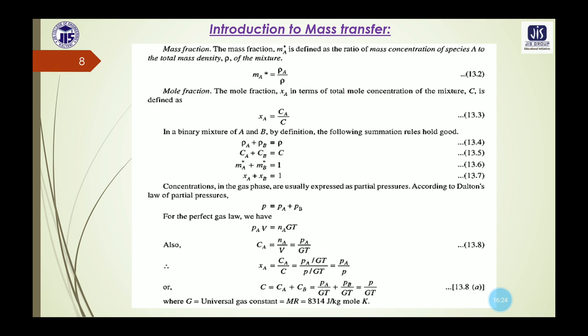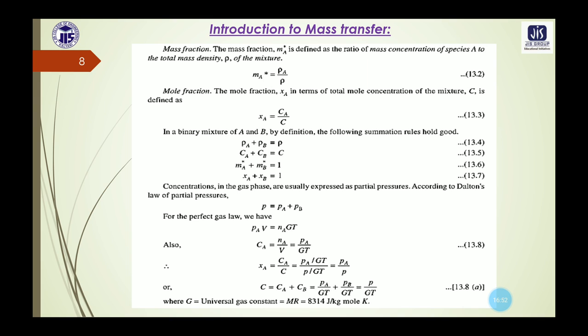Next, the mass fraction, m star A, is defined as the ratio of the mass concentration of species A to the total mass density rho. So m star A equals rho A by rho. And the mole fraction, in a similar manner, is defined in terms of the total molar concentration of the mixture: x equals Ca by C.